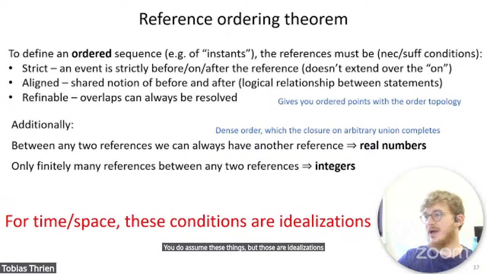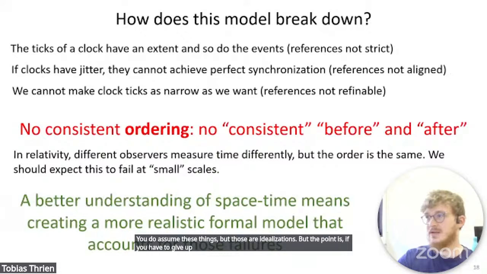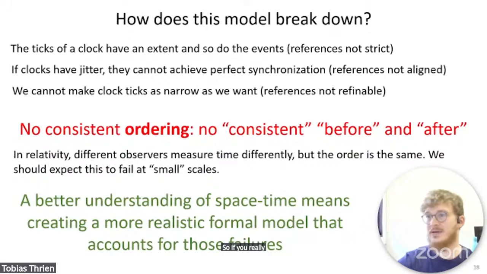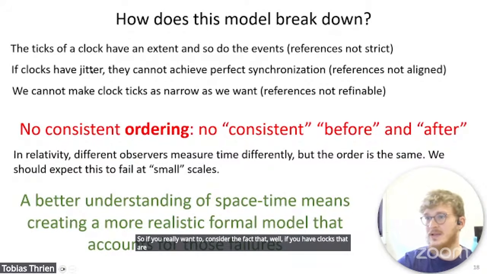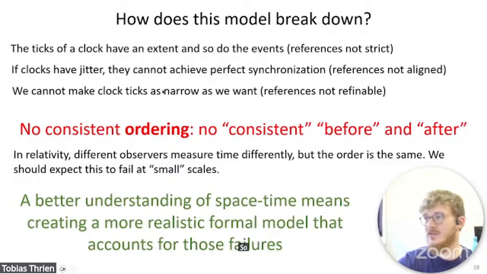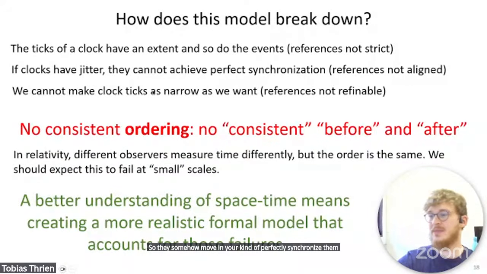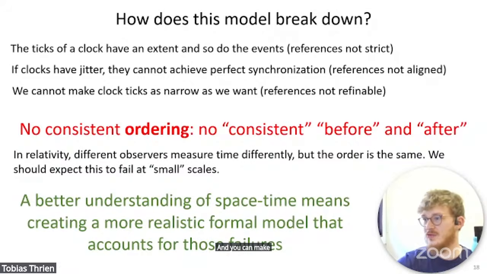But the point is, if you have to give up any of these, so if you really want to consider the fact that, well, if you have clocks that are not perfectly stable, so they somehow move and you cannot perfectly synchronize them, and you can make these ticks as small as you want, you will basically very quickly lose the order of the real numbers.